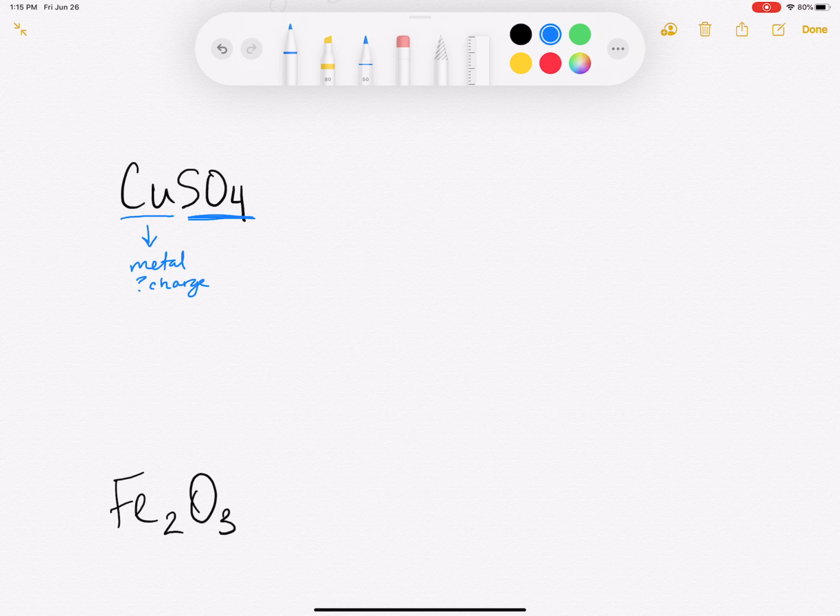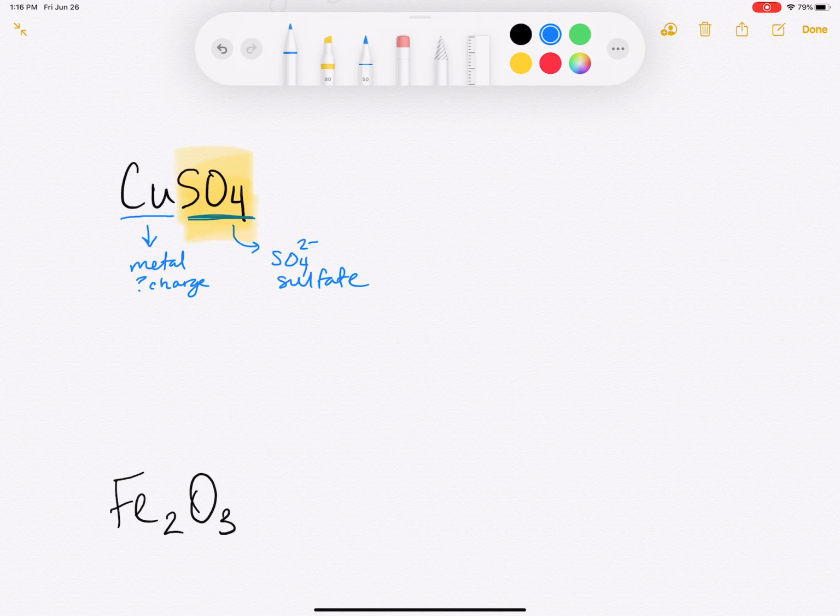And SO4, if I look on my polyatomic chart, then I know that SO4 collectively has a 2- charge. And this right here is called sulfate. So this I get from my actual nomenclature formula chart. And so I know that I only have one copper and one sulfate, and the entire sulfate has a charge of 2-.